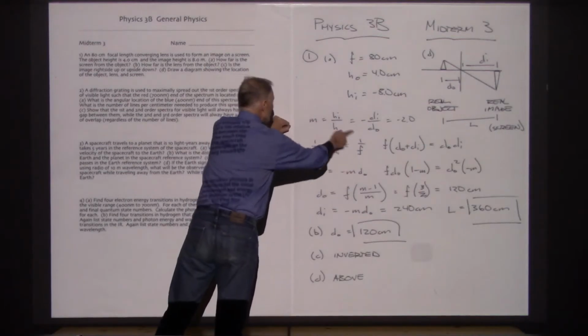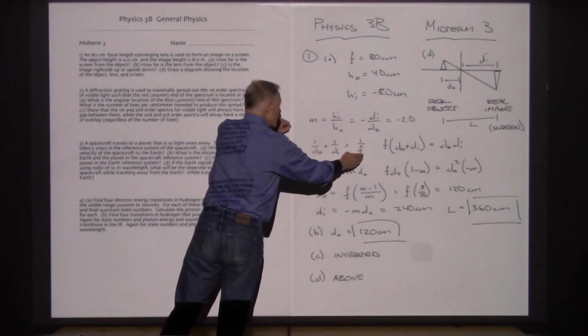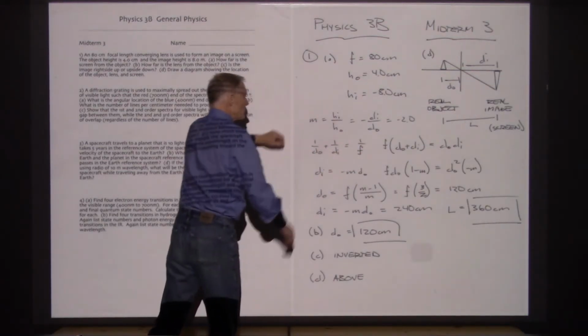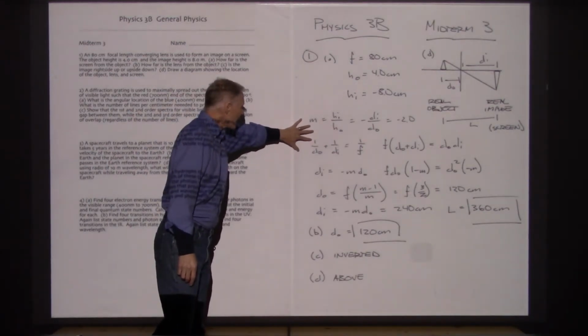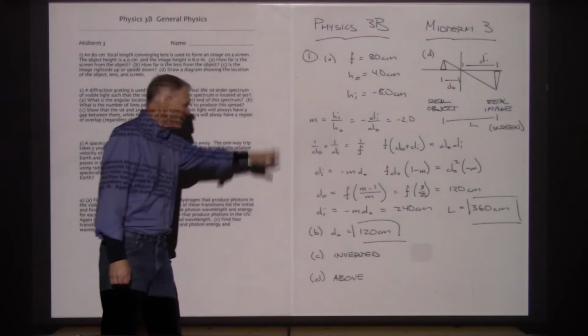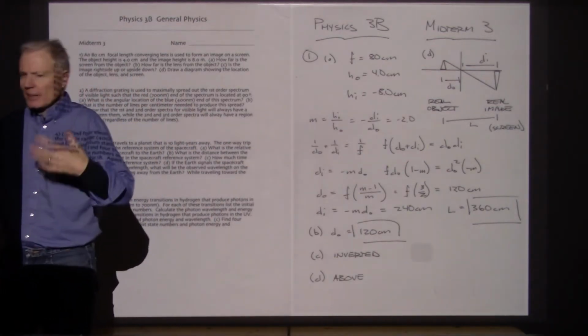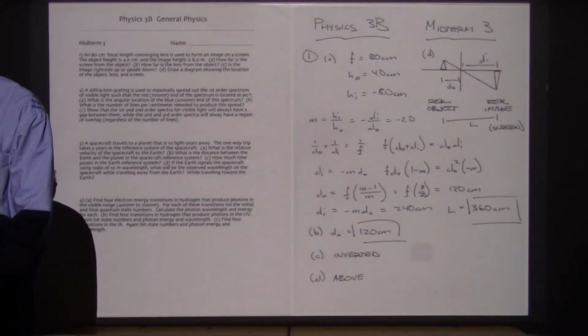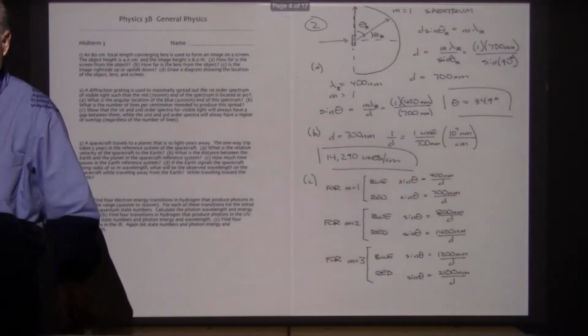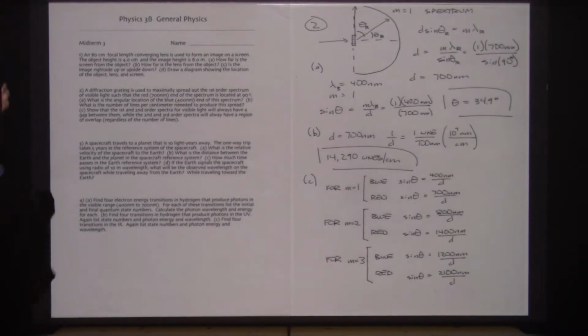And then here is the formula relating focal lengths with object and image distances. So I felt like these are the formulas I have to start from right here, and that's where I started from, and then I worked through the algebra, solving for everything else. So again, any questions on this, stop by, let me know.